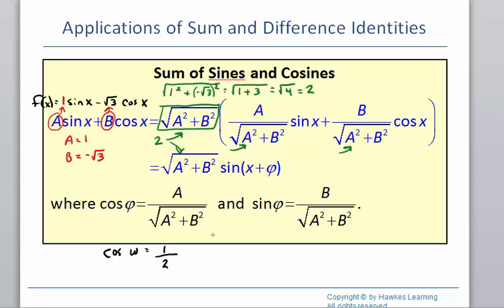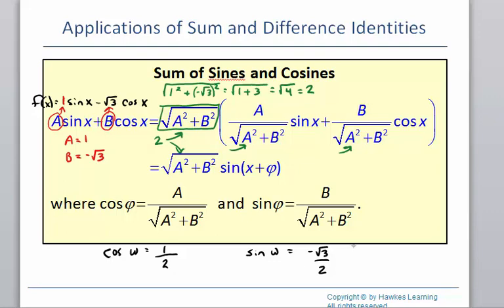So we know that cosine of the angle is 1/2. We also know that sine of the same angle will equal the b value, which is negative square root of 3. And again, that square root we calculated to be 2.